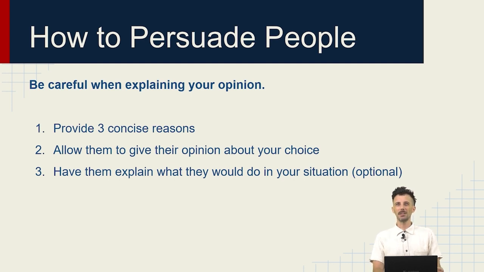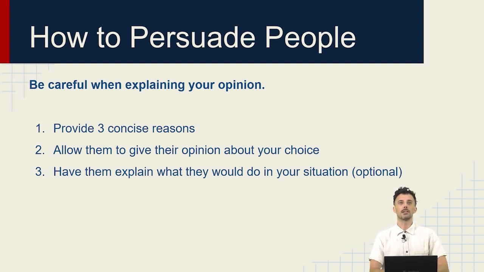You have to be very careful when explaining your opinion, because any information that you give them, they can use against you. So that's why I recommend it's better to ask questions constantly than give people too many things about how you may or may not be right, because I can't be 100% sure I'm right either.